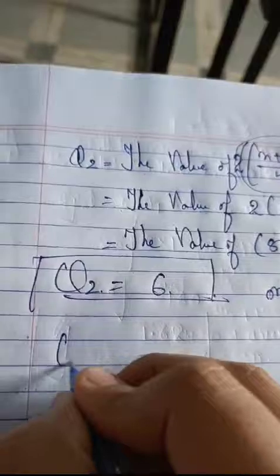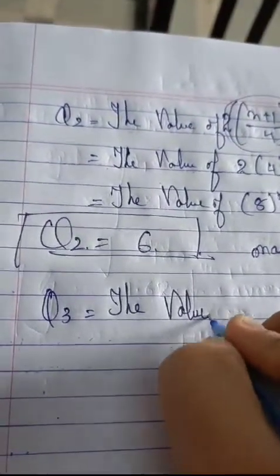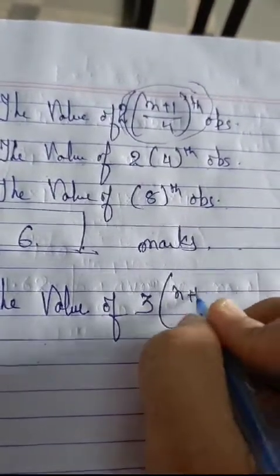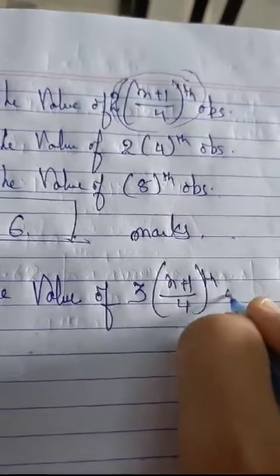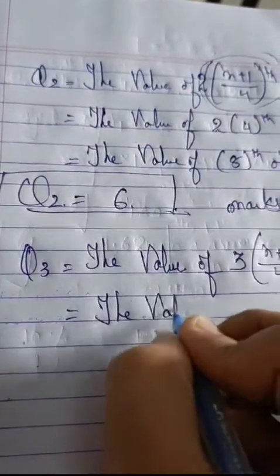Now coming to Q3, we are finding for 3. So write 3 into (n plus 1) divided by 4th observation. Same pattern, don't repeat the term again.